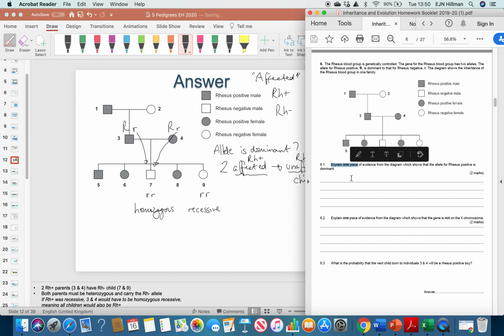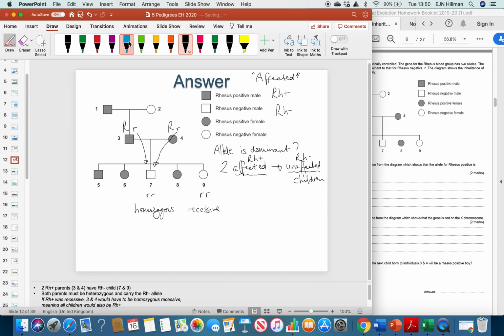Explain one piece of evidence. Now, some questions will say give one piece of evidence, and I'll do this in a different colour. If it says give evidence, usually for 1 mark, you could just say 3 and 4 produce 7 or 9, and that will give you that 1 mark.